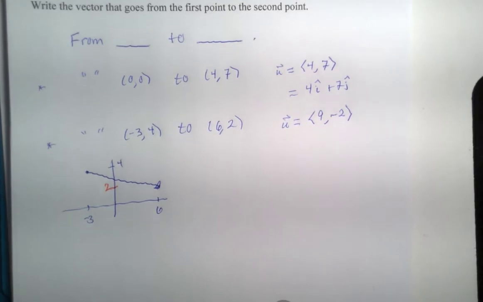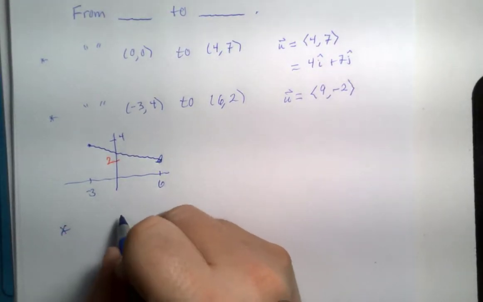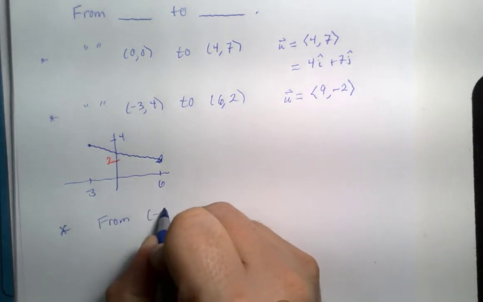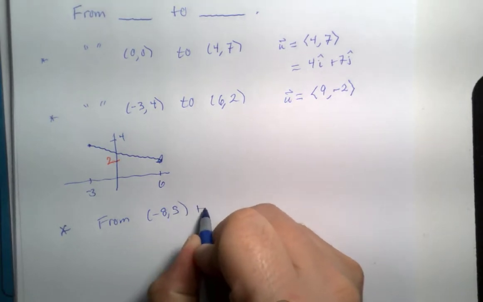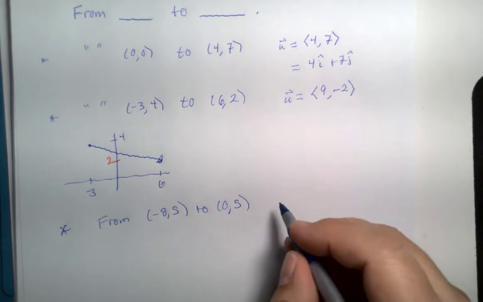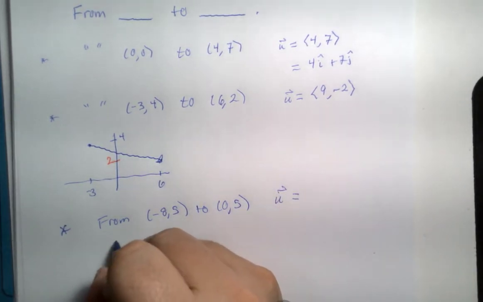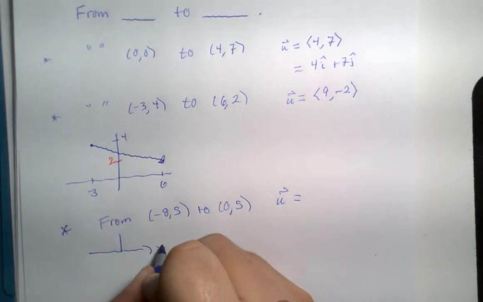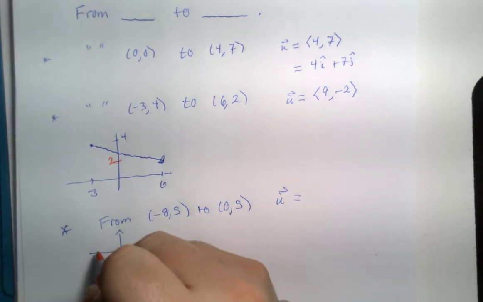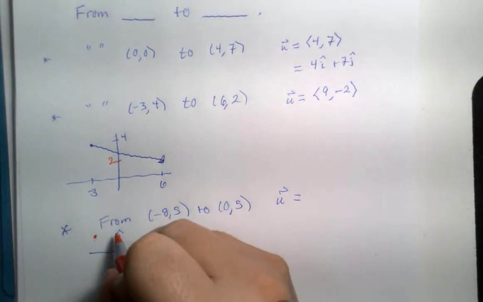Here's a couple more quick ones. If your first point is -8, 5 and you go to the point 0, 5, I think you will find that in this case you are beginning here and 0, 5 is here.